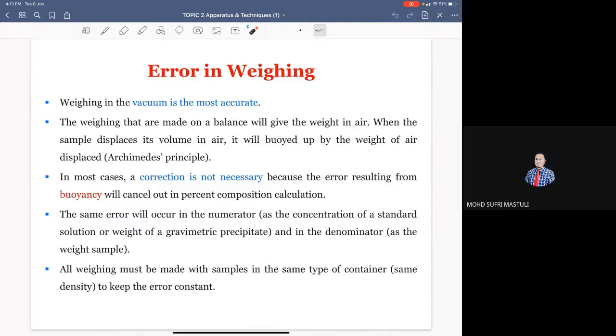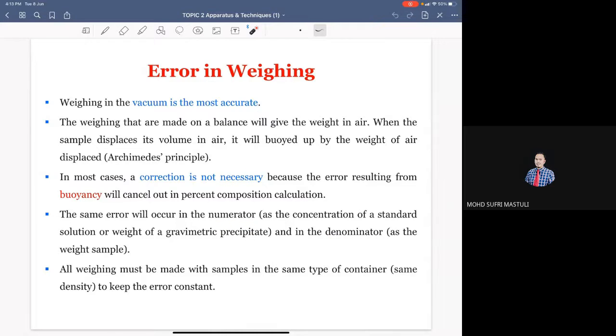So in most cases, the correction is not necessary because the error resulting from the buoyancy will cancel out in percent composition calculation. The same error will occur in both the numerator and denominator.